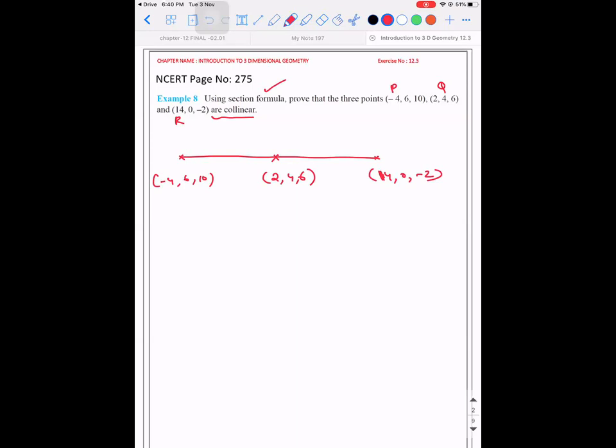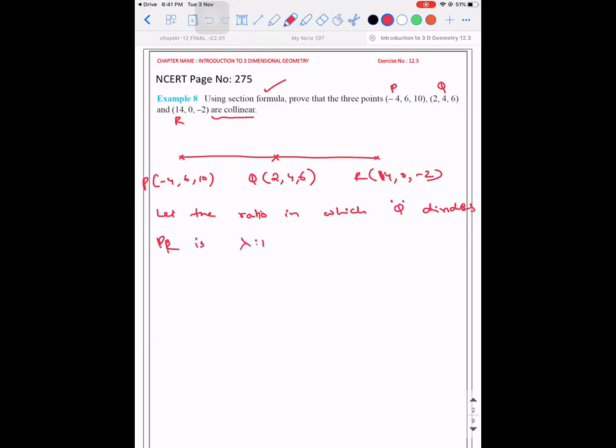For section formula, we need to know the ratio. So let the ratio in which Q divides PR be lambda is to 1.